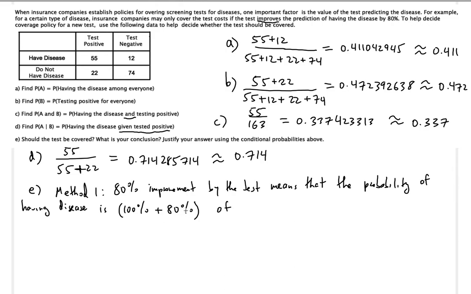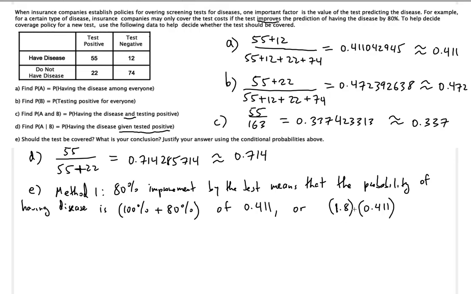So this is going to be 180% of the original probability, the general probability of having the disease, which is 0.411. Or basically, when you calculate 180% of 0.411, you're going to get 1.8 times 0.411.